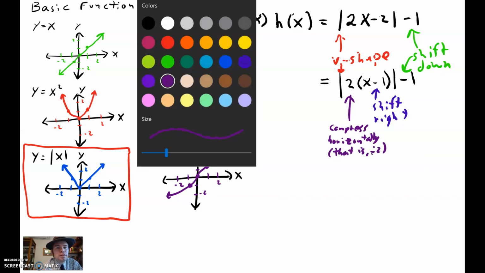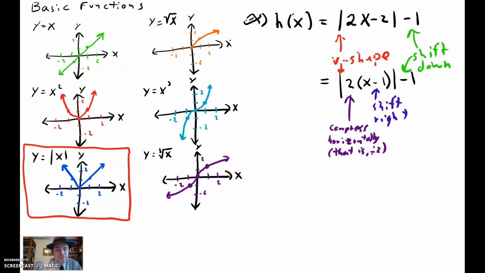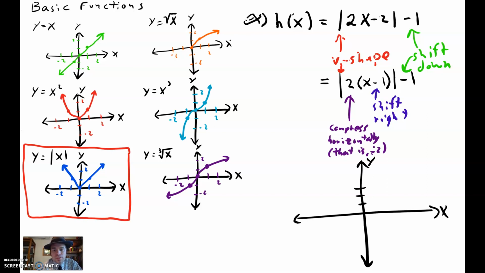Okay, so let's draw this graph. This is going to be our last graph in this segment. So we are going to be looking at this, x, y, 1, 2, 3, 4, 5. 1, 2, 3, 4, 5. 1, 2, 3, 4, negative 5. 1, 2, 3, 4, negative 5.